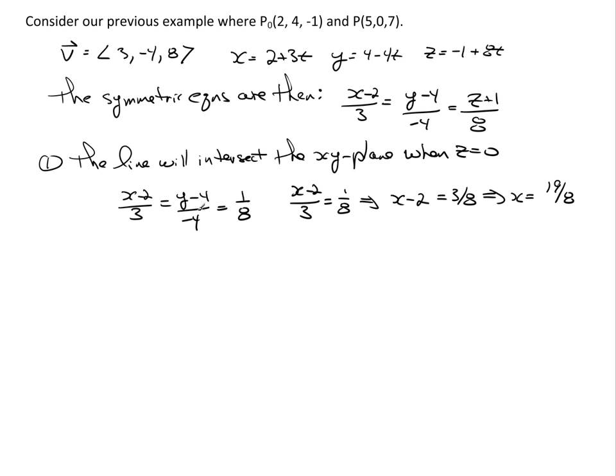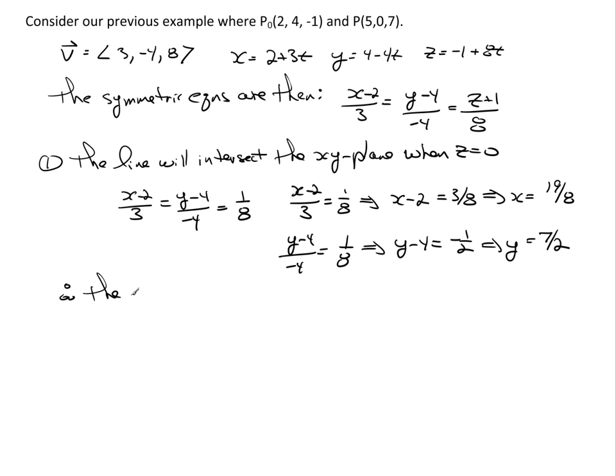Well, I'm going to do the same thing for y. I'll have y minus 4 over negative 4 equals 1/8. That means that y minus 4 equals negative 1/2. So y equals negative 1/2 plus 4, which is 7/2.